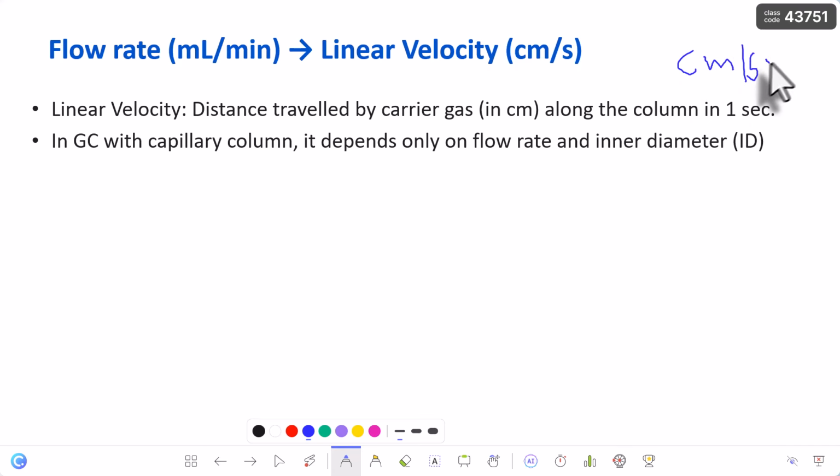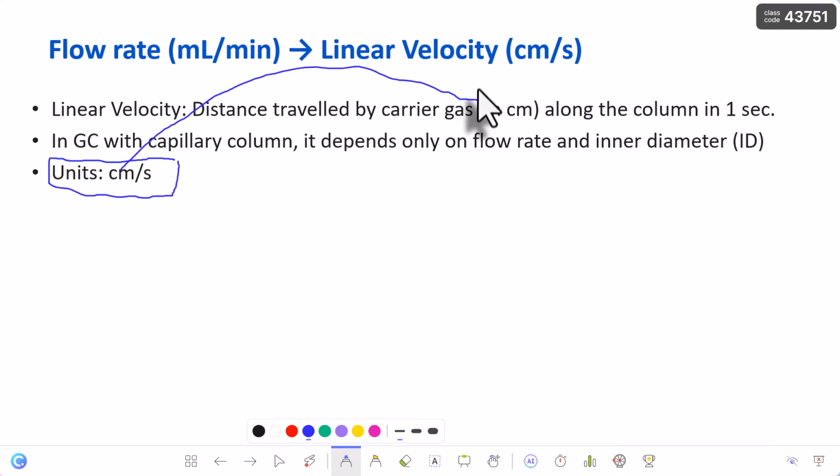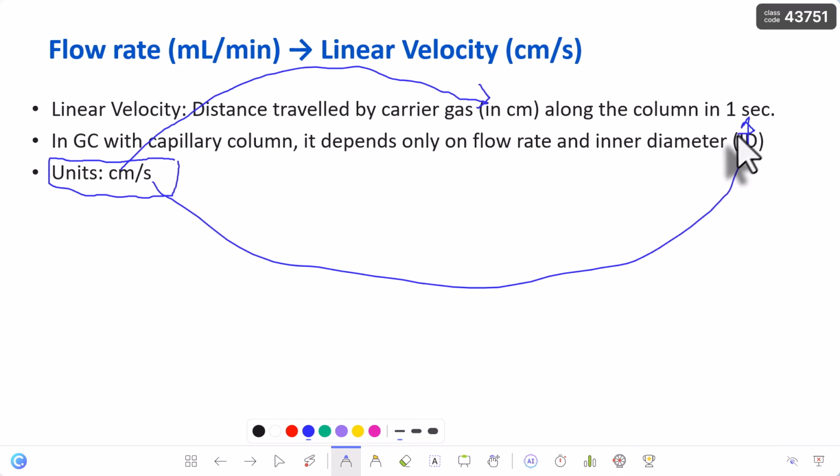And what is required for calculation of the linear velocity then? We need to know the flow rate first, and second, we need the value of the inner diameter of the capillary column. As we said, the unit for linear velocity in this case is centimeter per second, because the distance traveled is measured in centimeter and the time is measured in seconds.